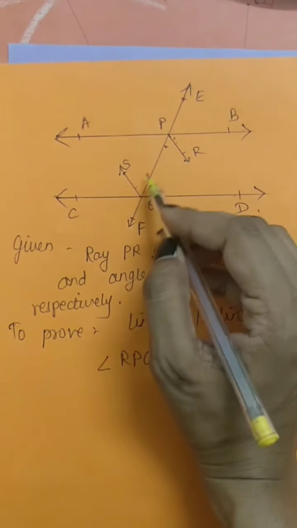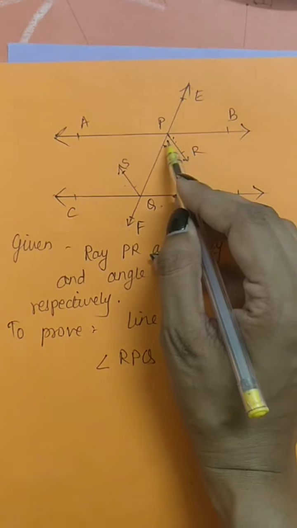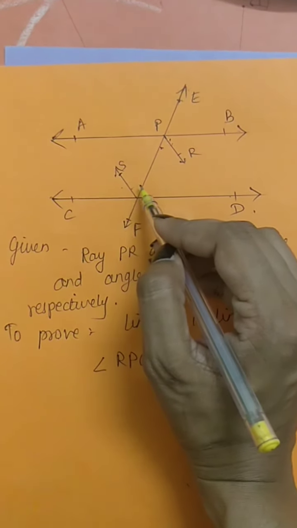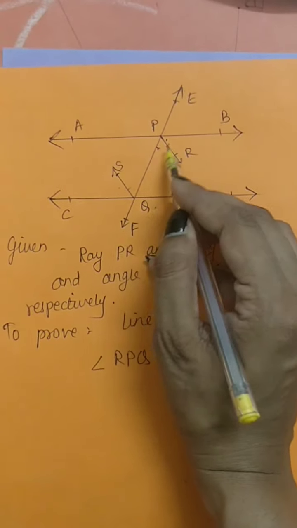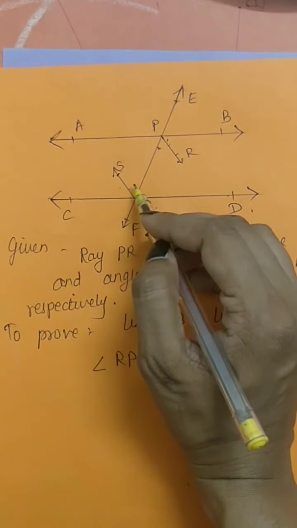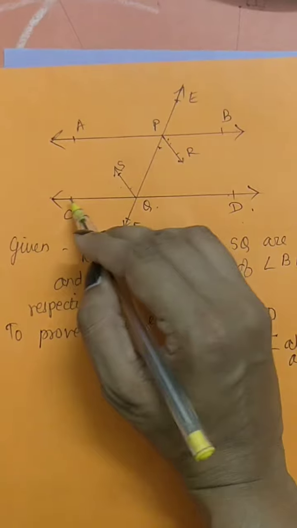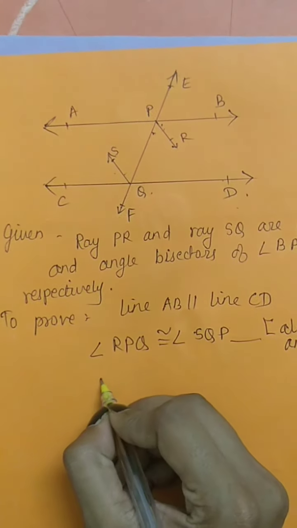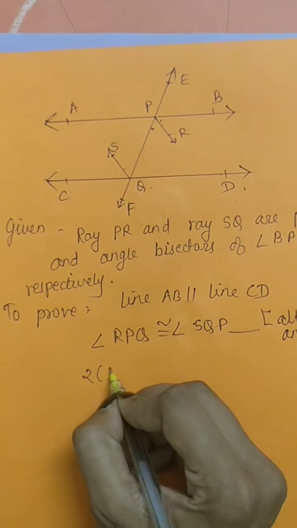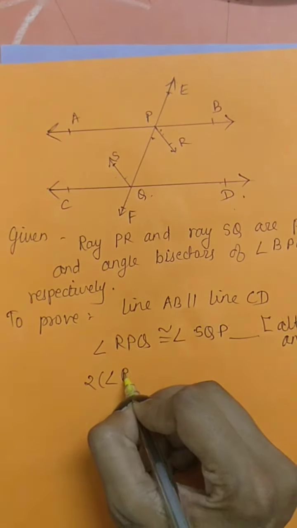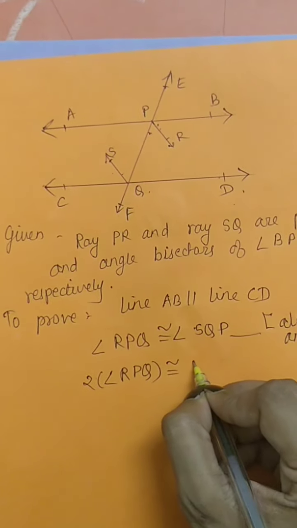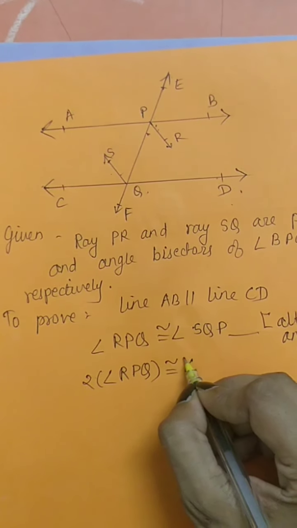Okay, if these two are equal, that means if we take twice of this angle and twice of this angle, if we multiply these two on both sides, we will get that these major angles will be equal. So I'm just multiplying this as twice of angle RPQ, because bisector bisects angle into two equal parts.